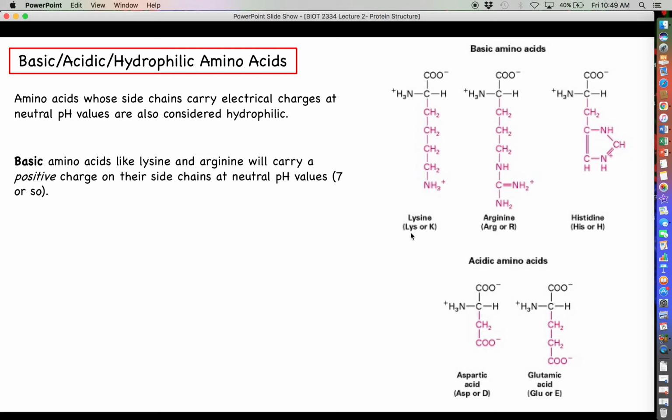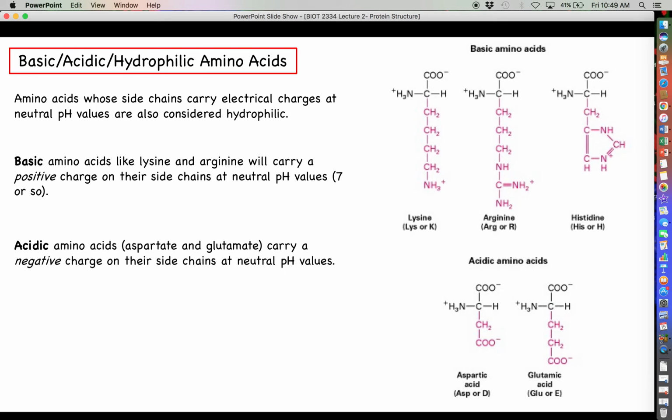This is going to include lysine, arginine, and histidine. The basic amino acids at neutral pH values, so around 7 or so, are going to carry positive electrical charges. So you'll see a positive here on the lysine, a positive here on the arginine, and a positive here on the histidine. So when you see the word basic, think positive charges.